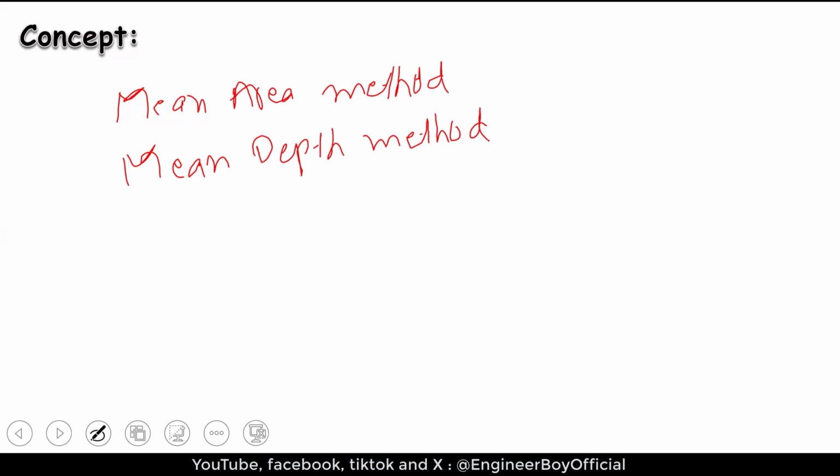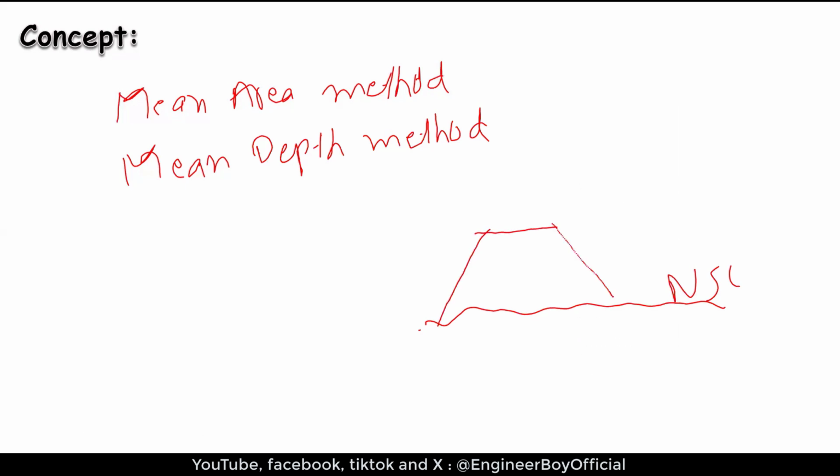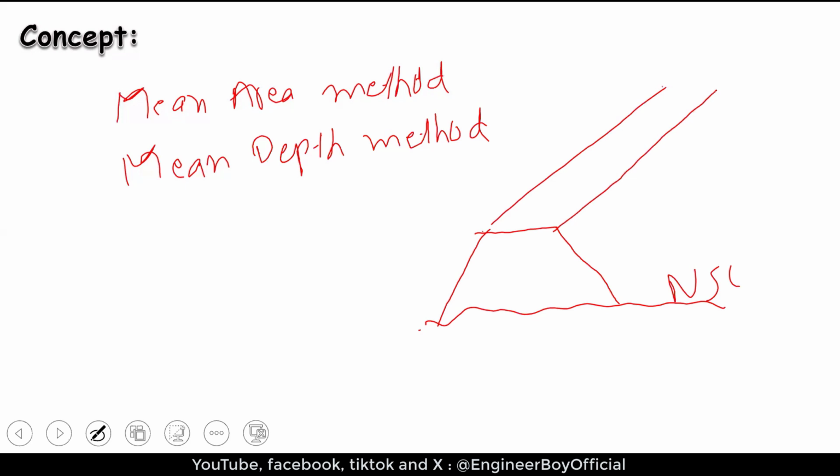Now, what do you mean by the mean area method and the mean depth method? Let's take some filling. Let's say we have this natural surface level, NSL, and some filling over here. Maybe this is an embankment for some filling formation, maybe a bank for a railway track.